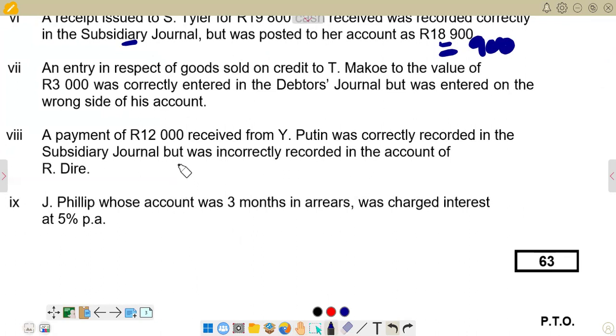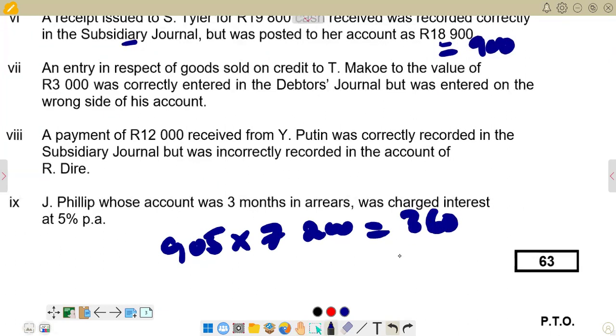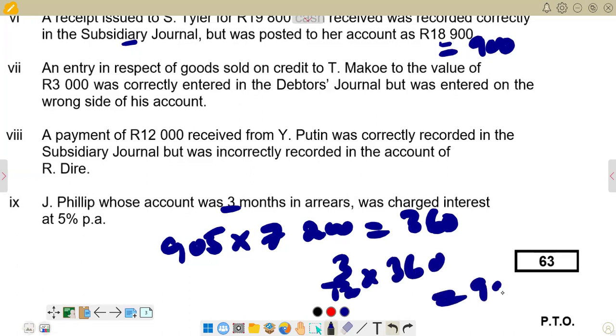We said 0.05, as a decimal for 5%, and we multiply by 7,200 that is being owed by Jake Phillips, and we got 360. And we said this is in relation to 3 months, which is 3 over 12. Then we multiply it by 360, and we got our 90.